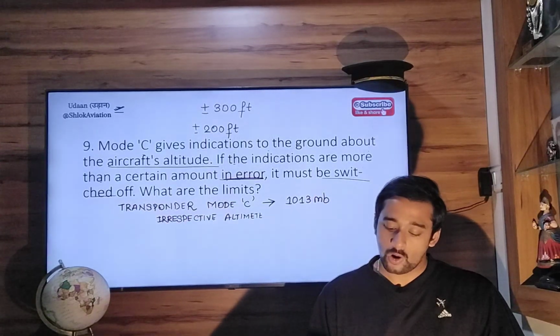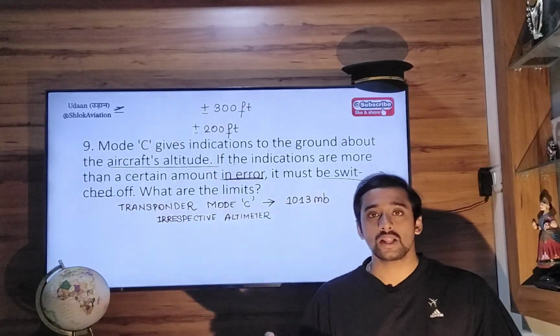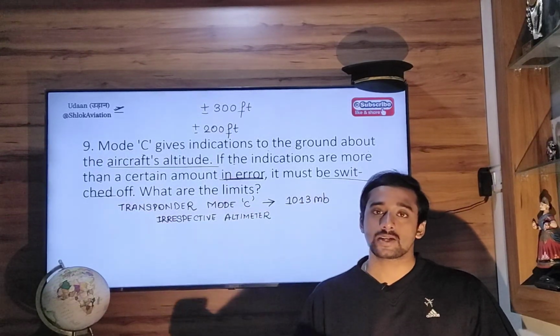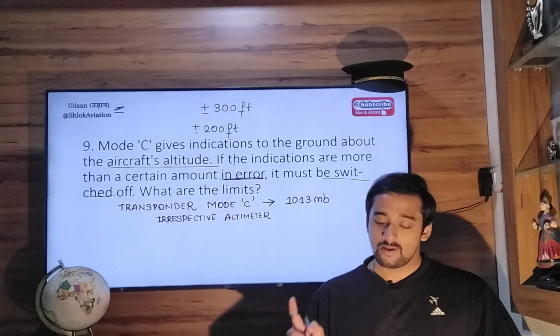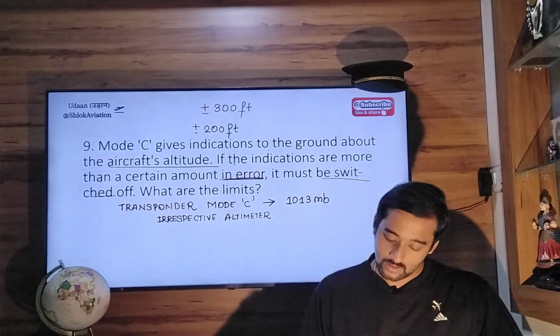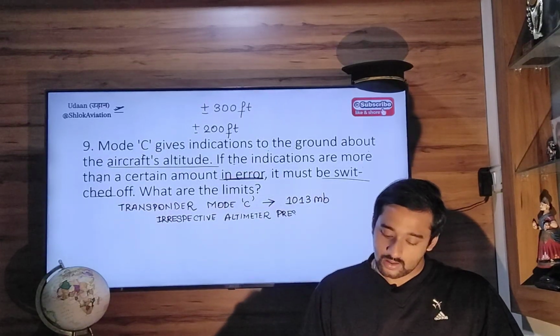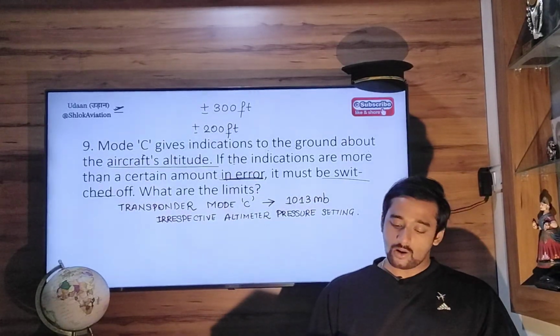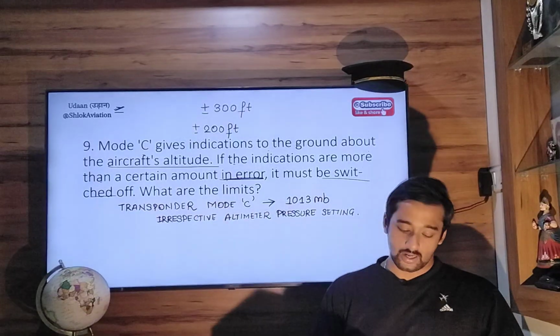Your altimeter pressure setting may be set to local QNH, but irrespective of that, the altitude information transmitted by transponder mode C will be with respect to the 1013 pressure datum. Now, this is the altitude transmitted by the transponder.